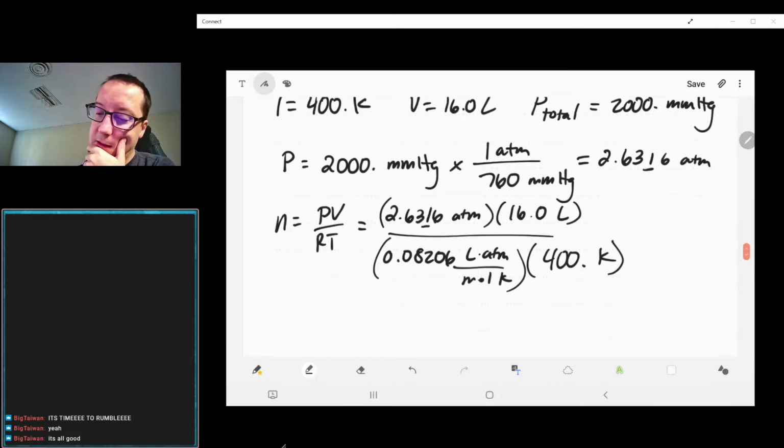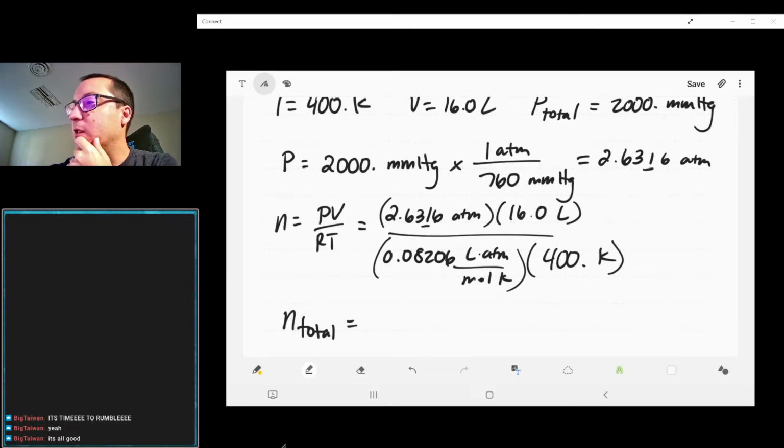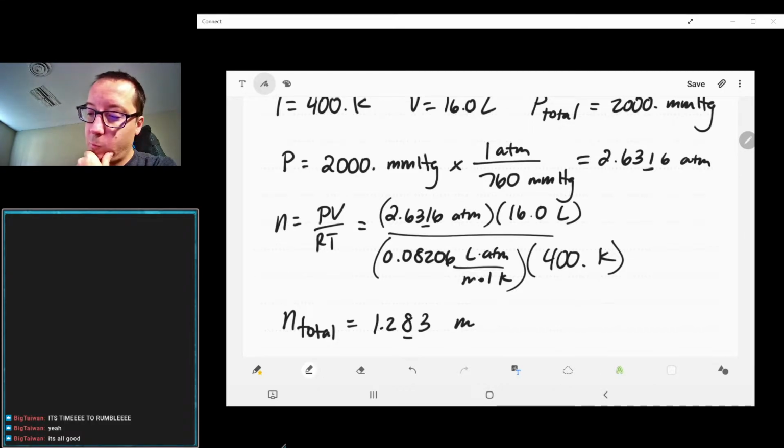So the total moles is going to be that number times 16 divided by 0.08206 divided by 400. All right, we get our total moles is 1.28. And we'll just keep, I guess it'll actually be a 3, for rounding errors. Let's minimize those.